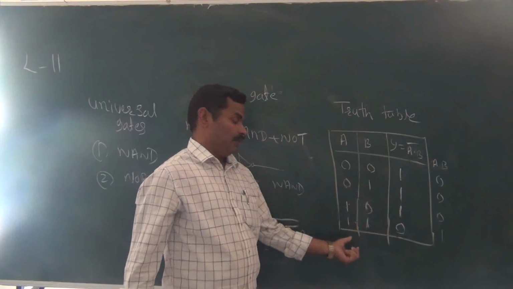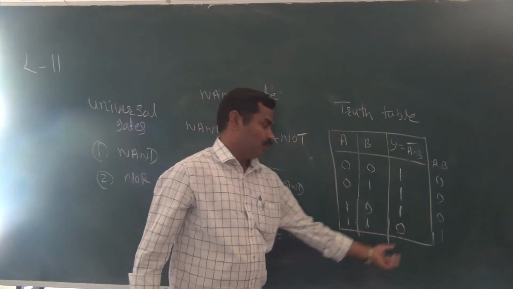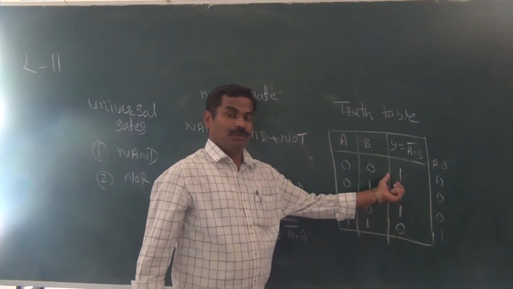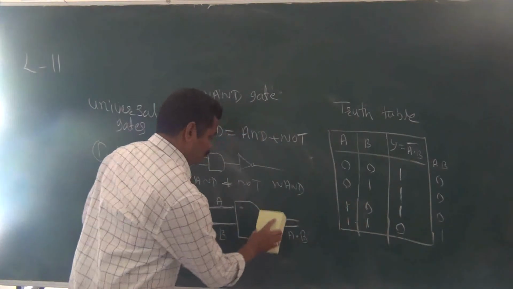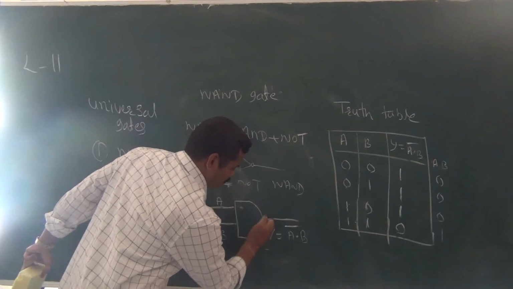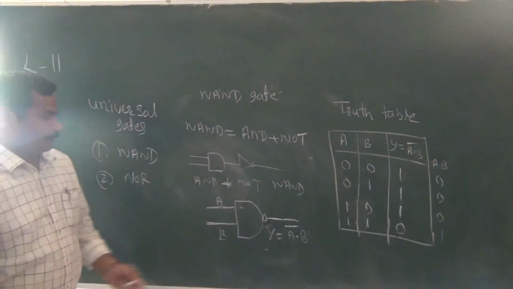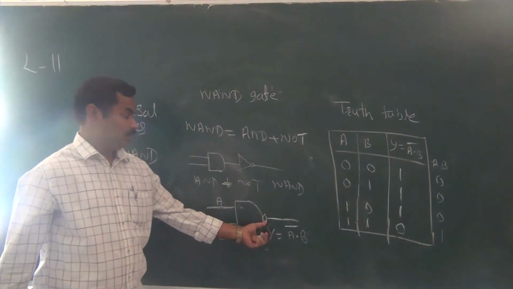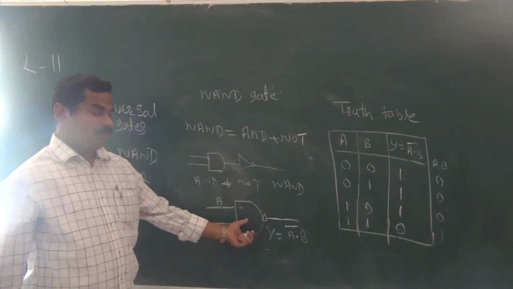In the NAND gate, when both inputs are 1, then only the output is 0. The remaining times it is 1 only. The dot indicates AND, and the bubble indicates the NOT gate. AND plus NOT is NAND.